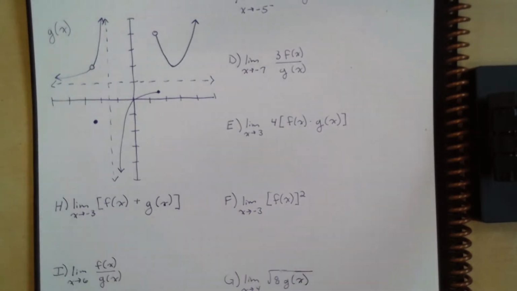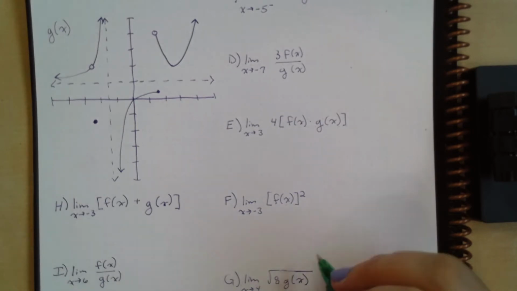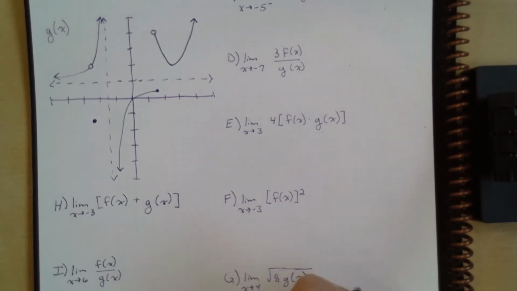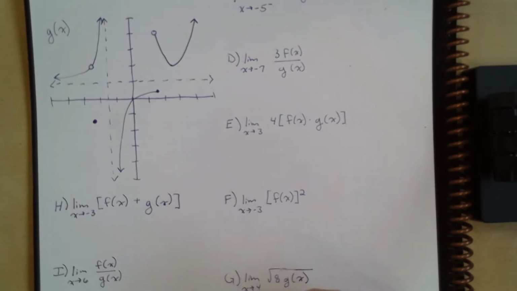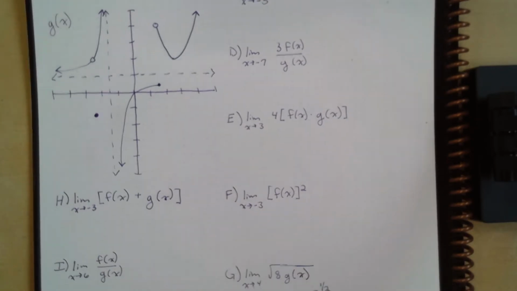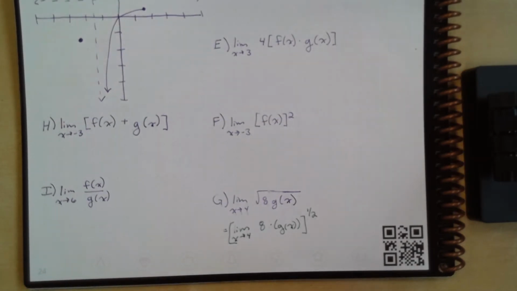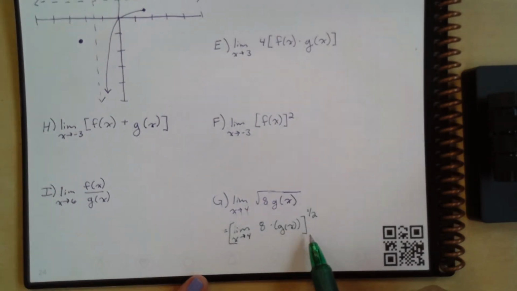As, well, and actually I'm going to rewrite this. Yeah, the limit as x approaches 4 of 8 times g of x, and all of that to the 1/2 power. You don't have this in frame here, but there, now you can see it. All of that to the 1/2 power.